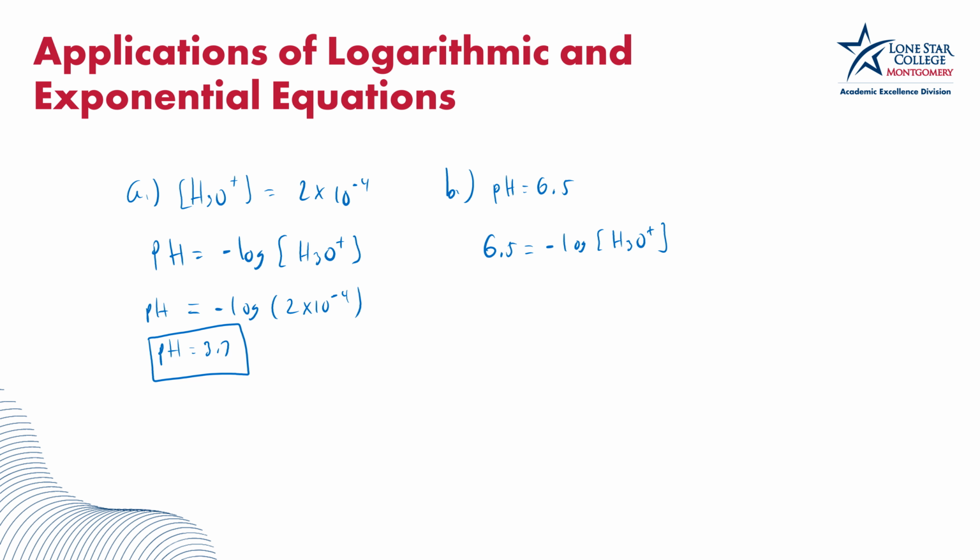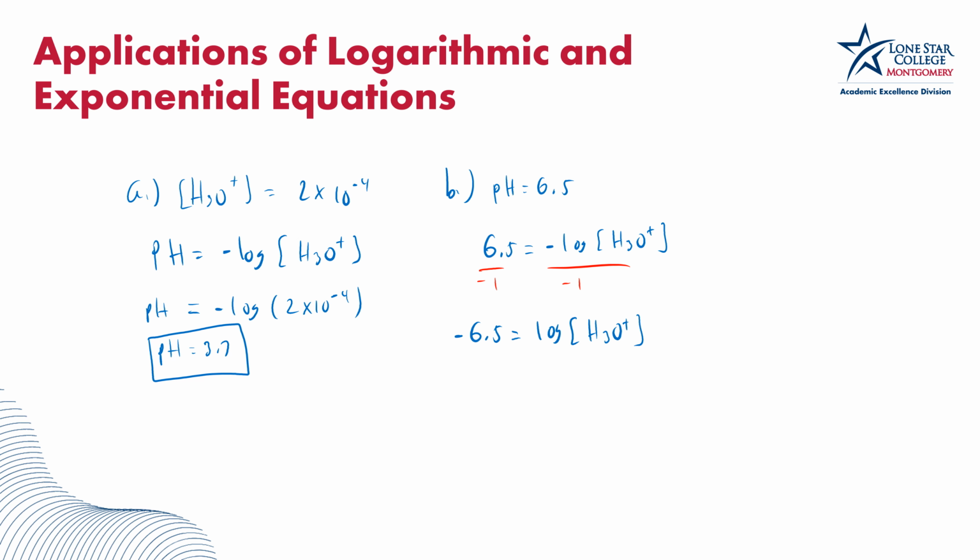So we're solving essentially for H3O plus. First thing we do is move that negative over to the left side. So we divide both sides by negative 1, just so we can get just log on the right-hand side. So it'd be negative 6.5 equals log of H3O plus.